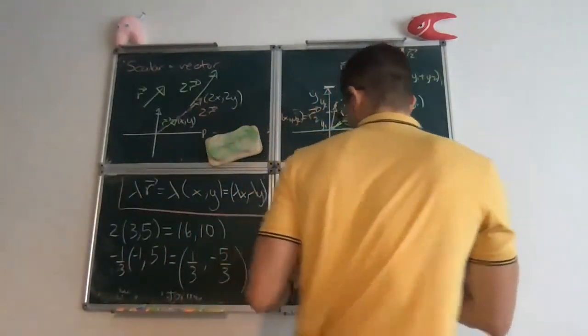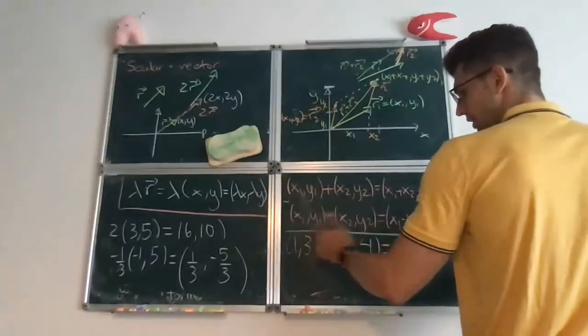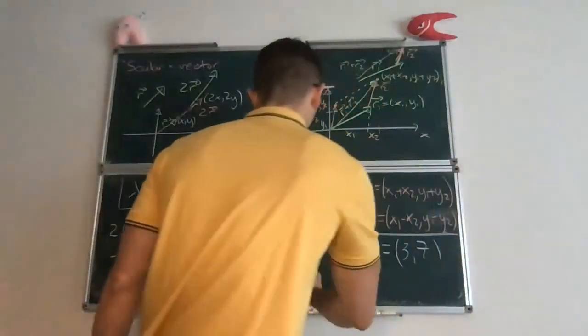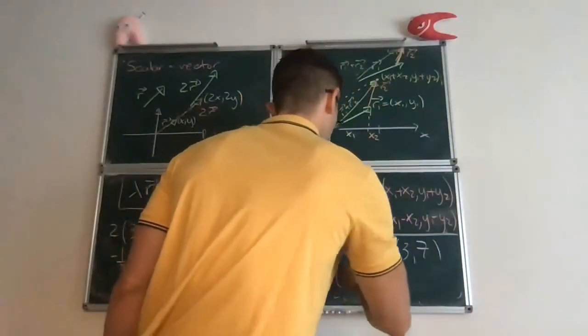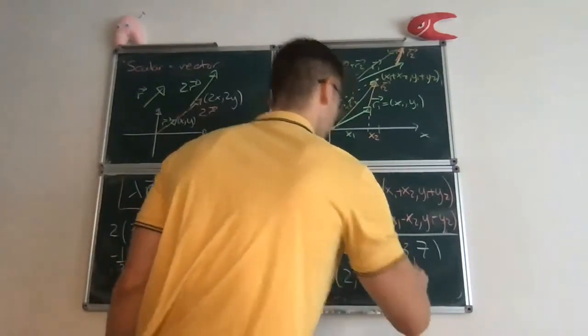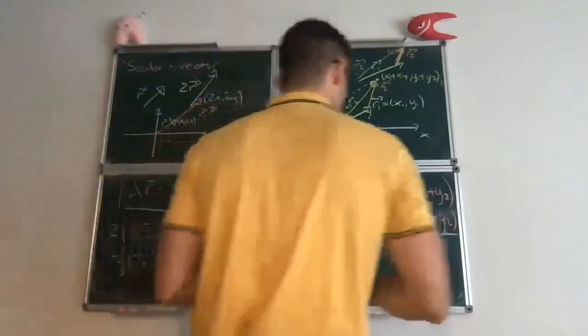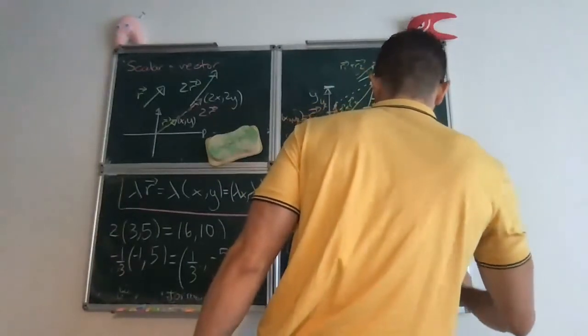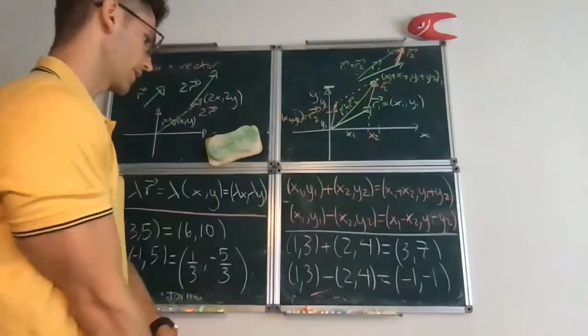You do this individually, so you get (3, 7), or (1, 3) minus (2, 4), and you get (negative 1, negative 1).